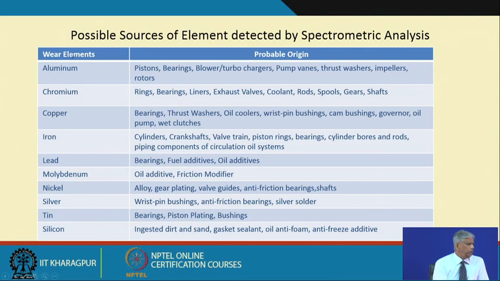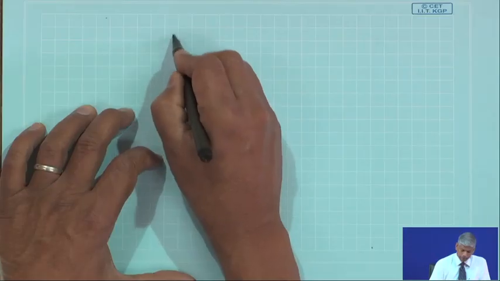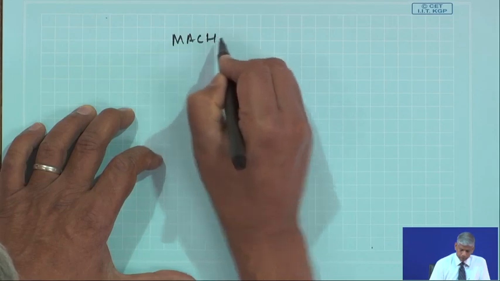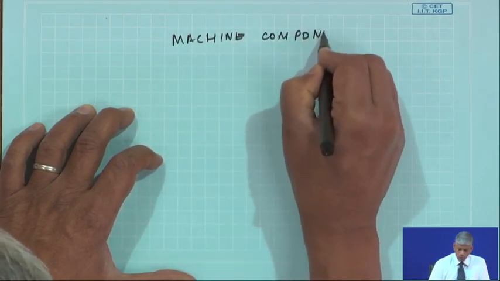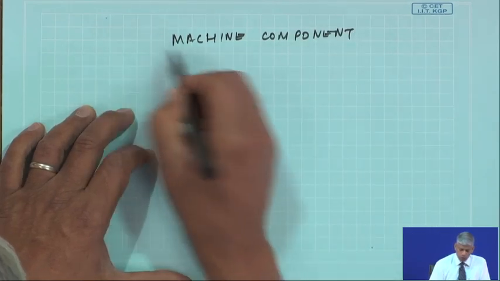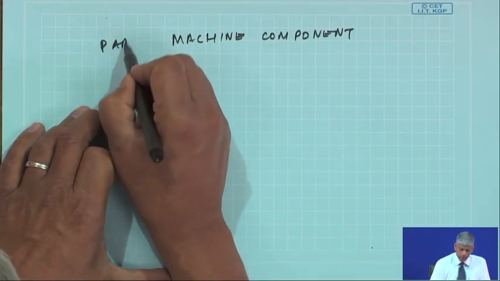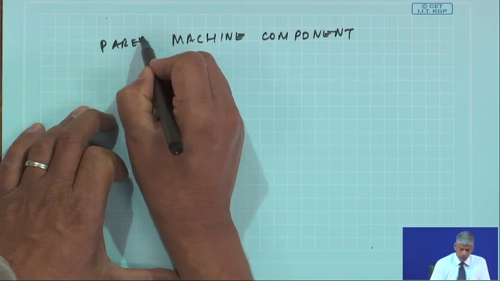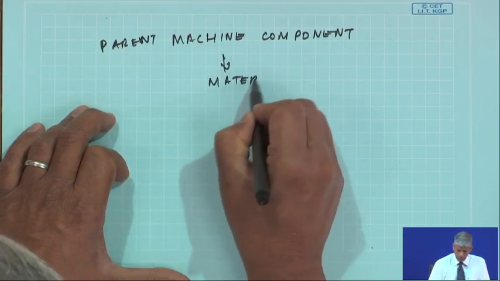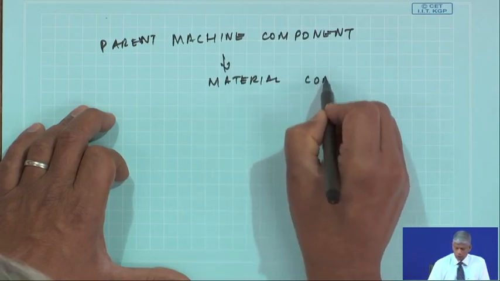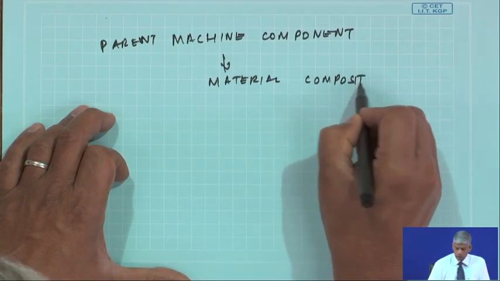So, we need to have an idea from a materials point of view of every machine component, or the parent machine component, what is the material composition.